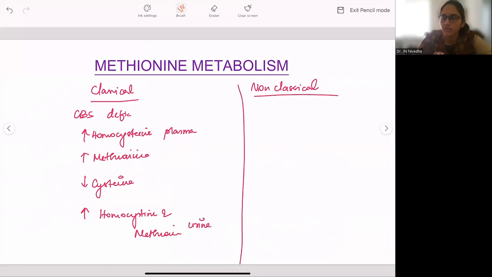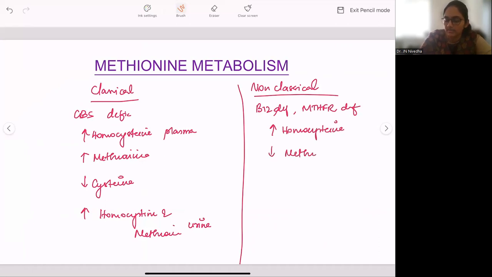The non-classical form is due to B12 deficiency and methyl tetrahydrofolate reductase deficiency. Here there is increased homocysteine, but no remethylation to methionine.